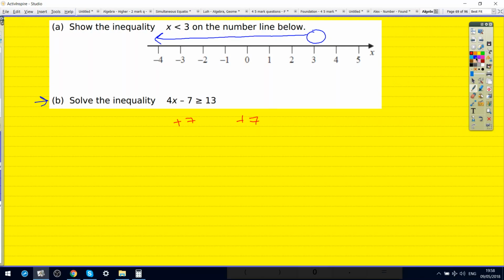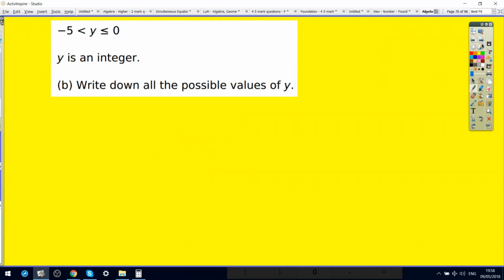So that would be 15 plus 7, 20 against 4x. So x equals 5. And what would you say for the sign? Greater than or equal to. So you just keep that sign the same all the way through. Any questions there? Nope. Okay.